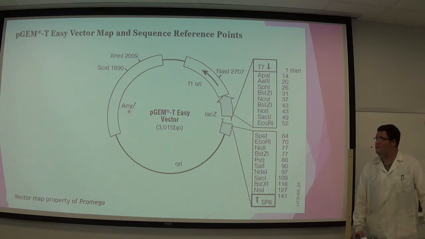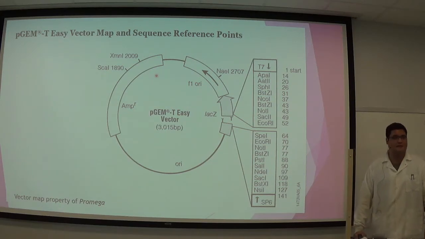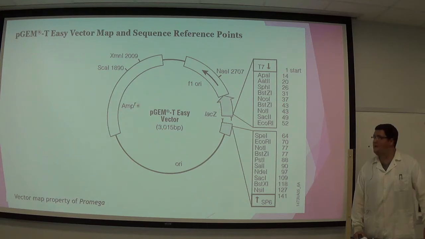So if we want a protein to be created by a bacteria, we'll first get this plasmid, put the sequence for that protein within the multiple cloning site, and then grow it on media that has ampicillin on it, so that any bacteria that does not have this ampicillin resistance gene is going to die, and you'll only be left with bacteria that produce this protein.